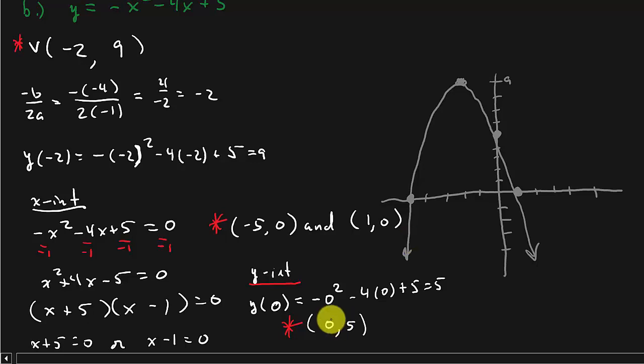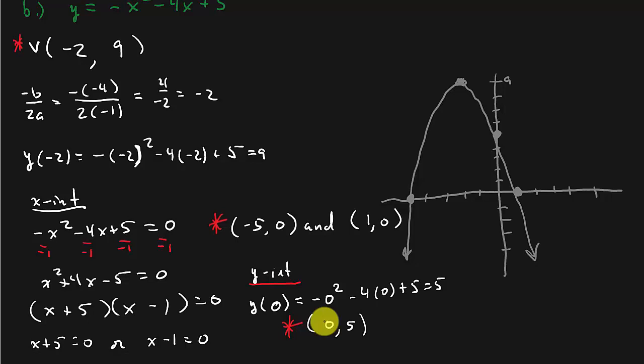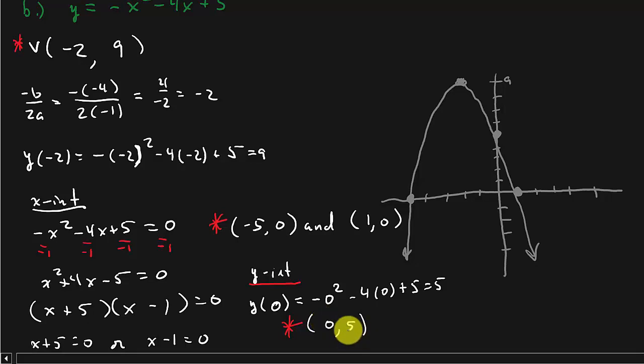Now, sometimes you can make careless mistakes. I hope I haven't made a careless mistake in this video, but sometimes you can. You can evaluate it wrong, just make a stupid mistake.